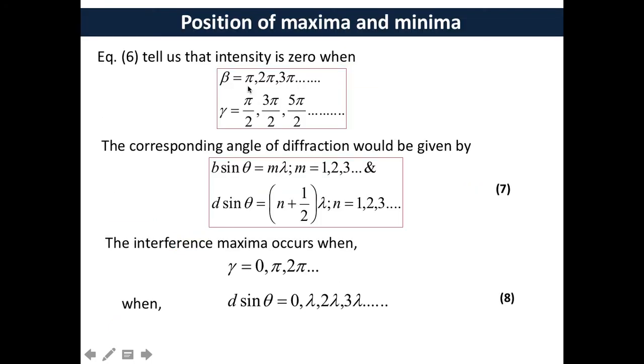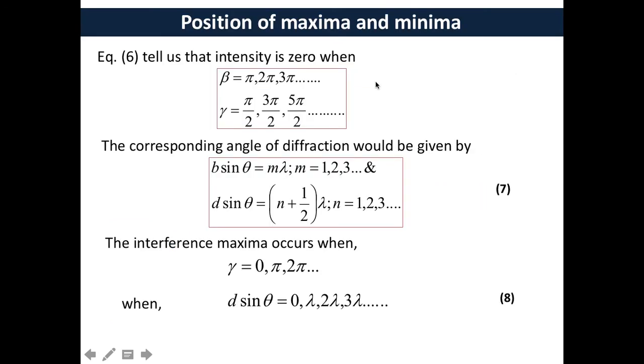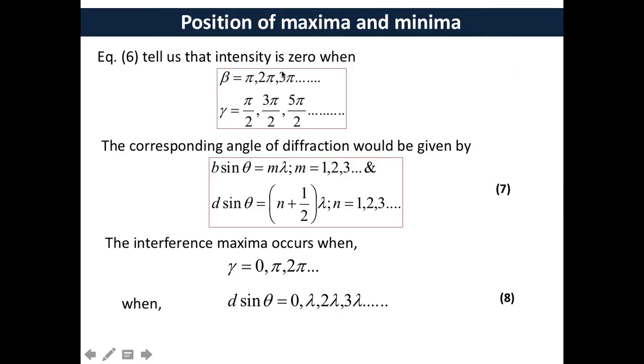If you put 2 pi, again it is 0, 3 pi, again it is 0. Or you can put gamma is equal to pi by 2, 3 pi by 2, 5 pi by 2, the intensity will be 0. The corresponding angle of diffraction would be given.